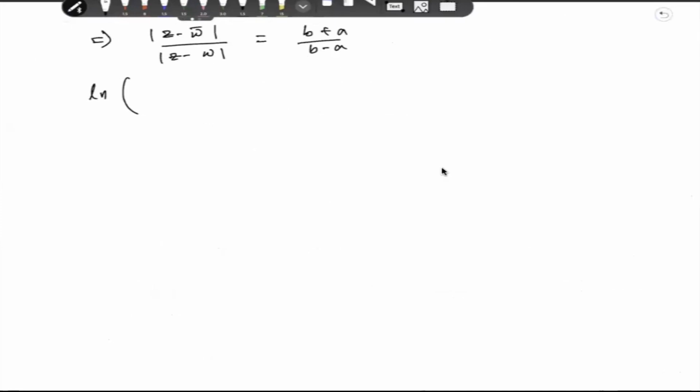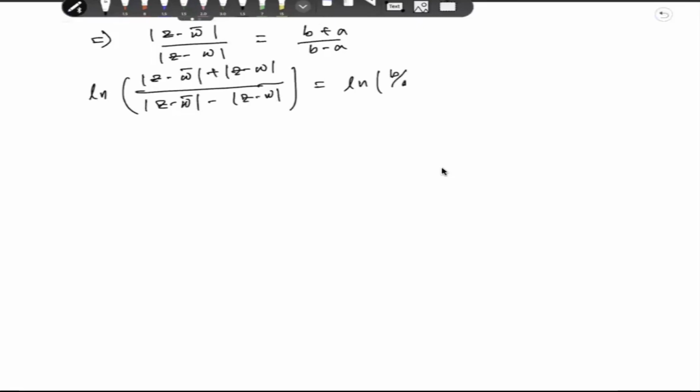Log of (mod of Z minus W bar plus mod of Z minus W) divided by (mod of Z minus W bar minus mod of Z minus W) is equal to log B by A. And log B by A is nothing but the distance between iA and iB. This we have already observed.